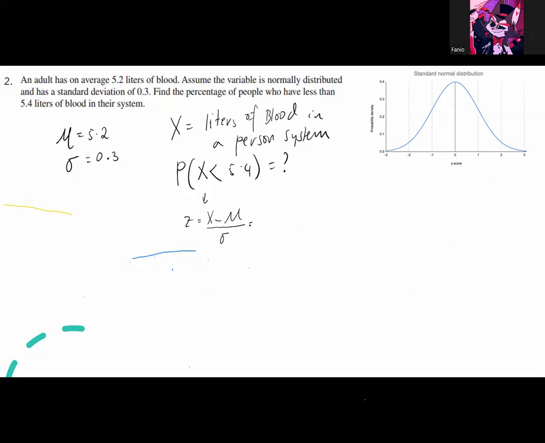Our x here is 5.4 minus the mean of 5.2, divided by 0.3. What is the z value over here?